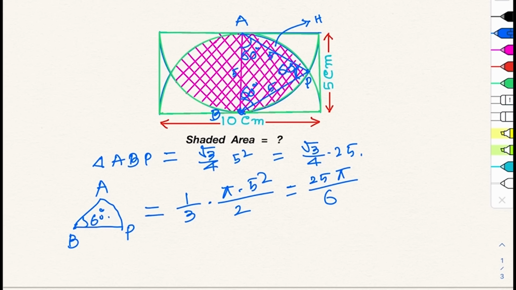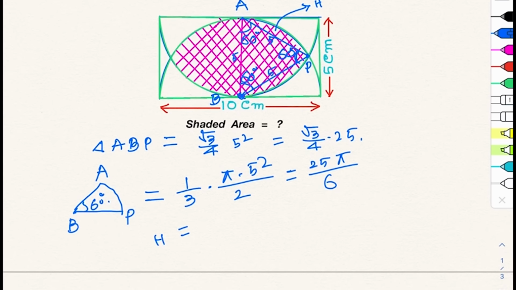So for the thin portion H, the area of H equals the area of this portion of the circle minus the triangle ABP. That means 25 pi by 6 minus 25 root 3 by 4.